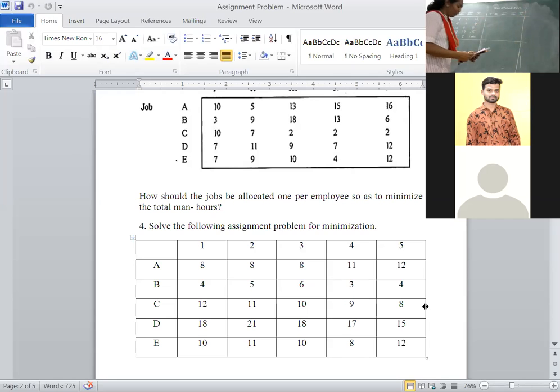Perform row operation. You know how to perform row operation. First row, smallest element is 8. Subtract from 8. 8 minus 8. Directly I am writing the answers. 11 minus 8, 3. Second row, which is minimum, 3, right? Based on the assignment problem also, I will release a one hour video. Who didn't understand will see the video. 12 minus 8, here 8 is minimum.